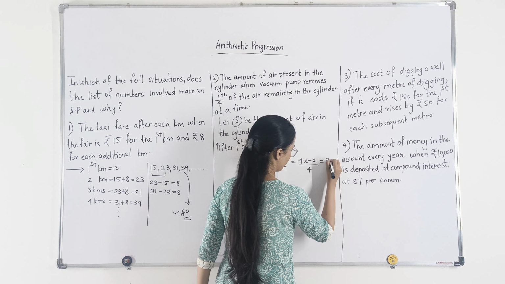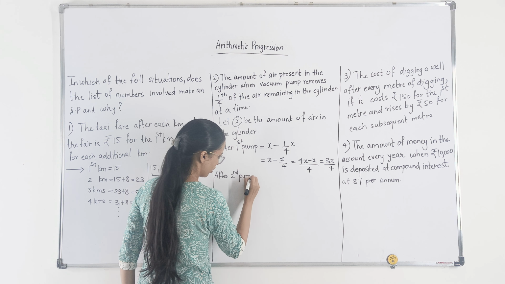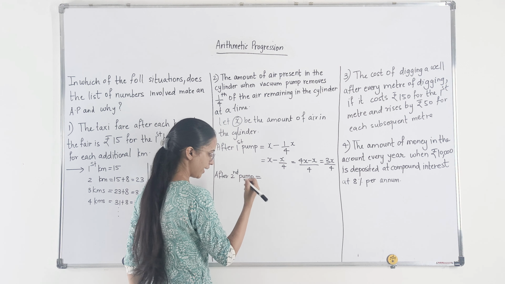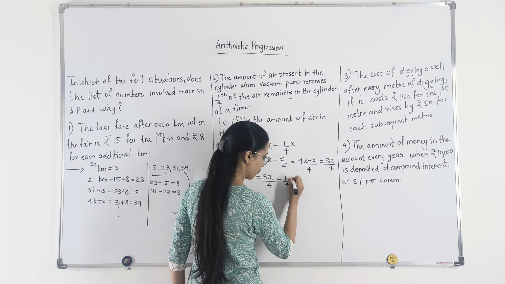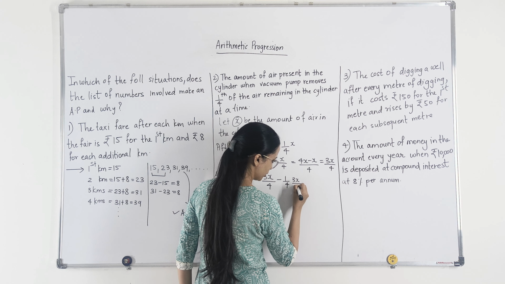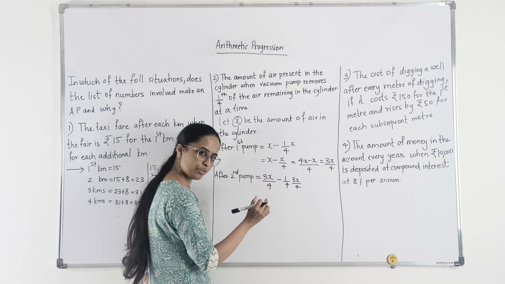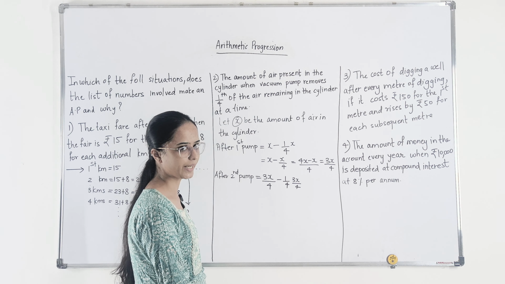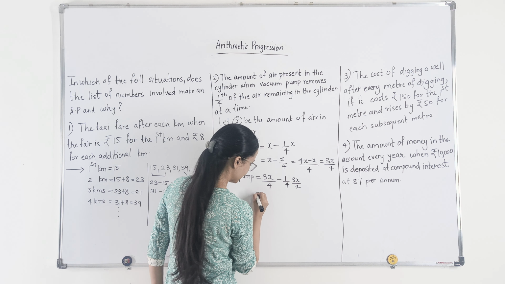अभी इसमें से भी 1/4 निकल जाएगी. So we can say कि after the second pump, what will be the air that would be left? So जो भी air है उसमें से हम उसी का ही 1/4 माइनस करेंगे. So now this is the amount that is left और उसमें से ही उसी का 1/4 निकल जाएगा after the second pump of the vacuum pump. So again we are going to take LCM in this case.